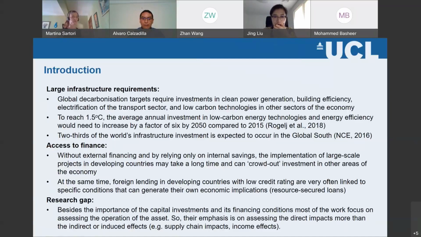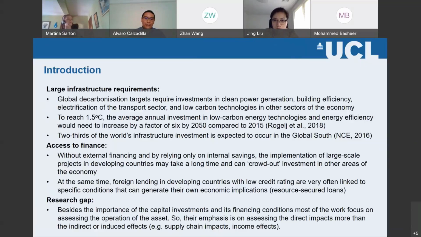And at the same time, some lending in developing countries who have a low credit rating is often attached to resource-secured loans. And this is what we are going to see here in this case of the Bui Dam. And we will see that these resource-secured loans have their own economic implications.